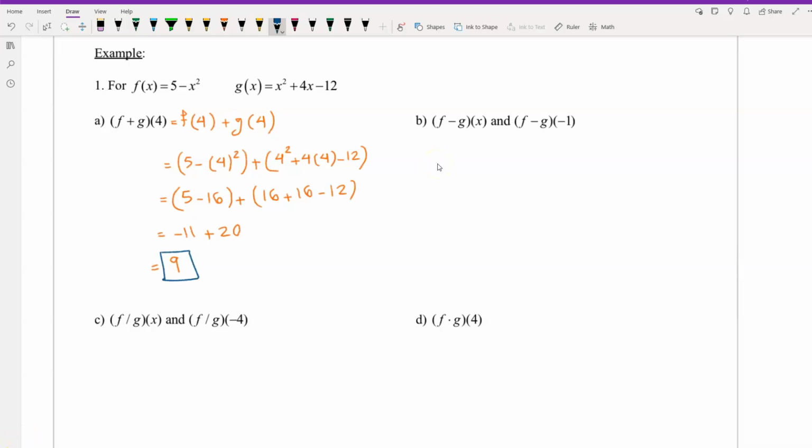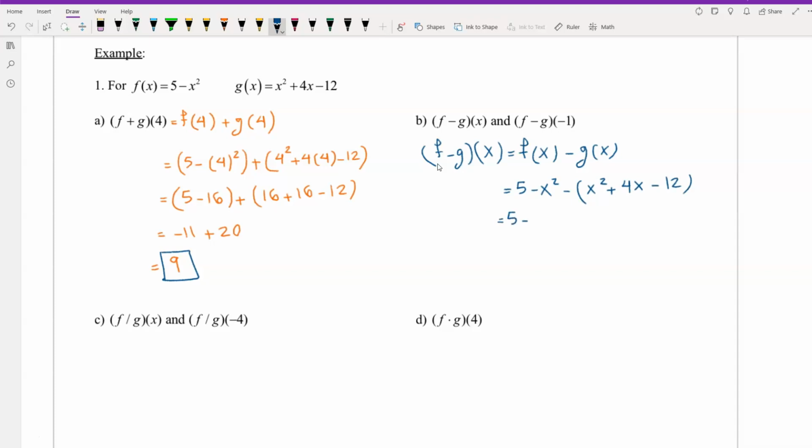Part B, f minus g of x and f minus g of negative 1. So first finding f minus g of x. That is equal to f of x minus g of x. And here we have 5 minus x squared minus g of x, which is x squared plus 4x minus 12.